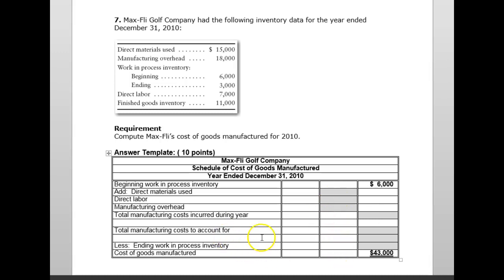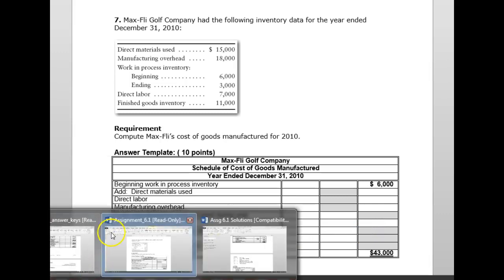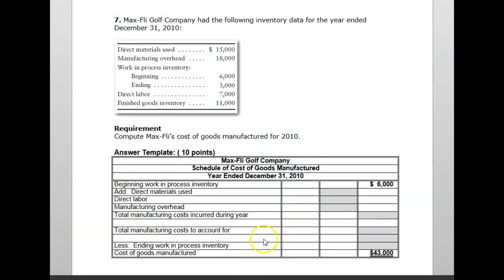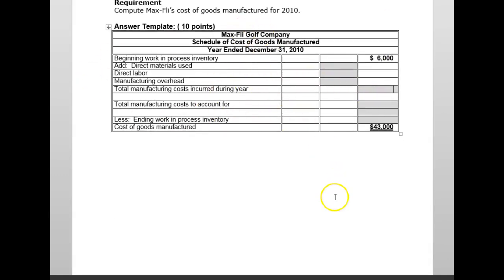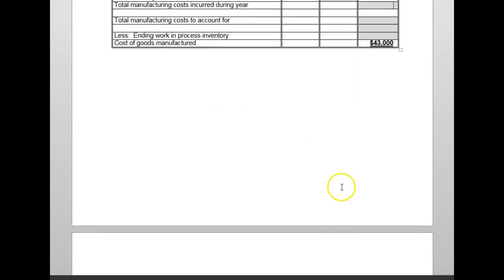And then what do you have to account for? The costs that you have to account for, and then you continue down and subtract the ending work in process. You'll end up with the cost incurred and add the $6,000 to get that total cost you're accounting for, and then subtract that work in process. And manufacturing really uses this an awful lot to understand what's going on.